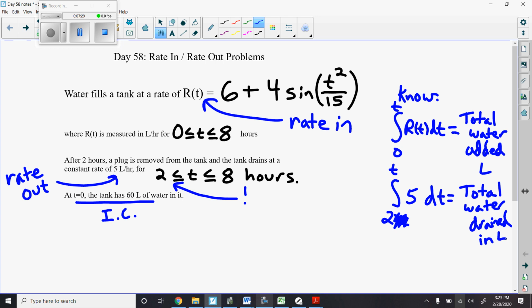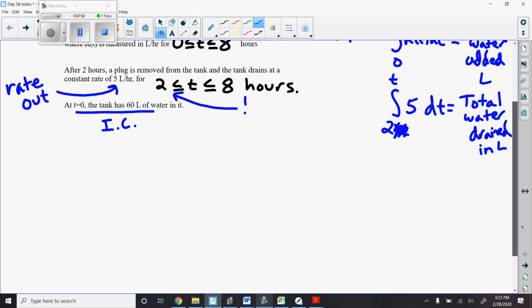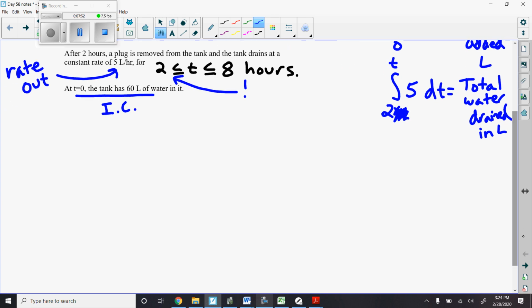I know I started with 60. I know how to find how much was added by doing the integral of the rate in, and I can figure out how much was drained by the integral of the rate out. So we want to be able to write an equation, okay? And I'm just going to call it A of t for amount.